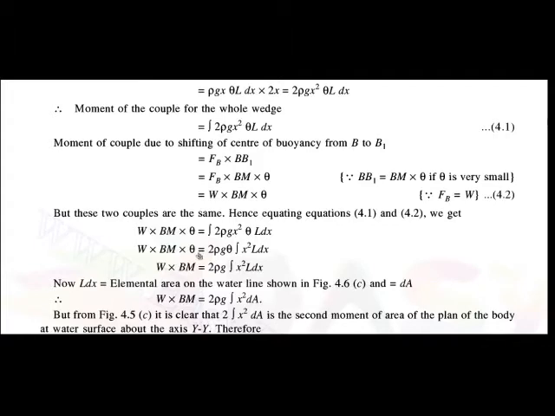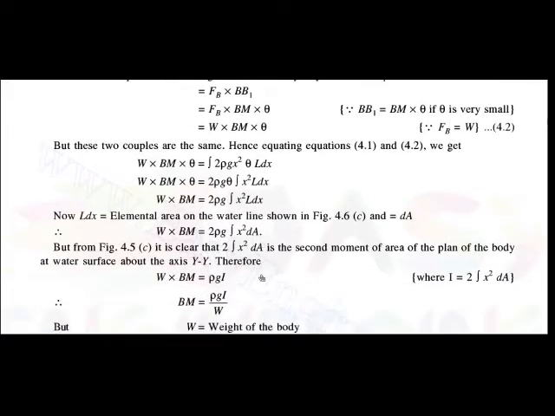Okay, so in the figure, 2 rho g theta comes out from the integration, and the remaining term is integration of x square L dx. So theta and theta cancel out from both sides. Then we get W into BM is equal to 2 rho g into integration of x square L dx.